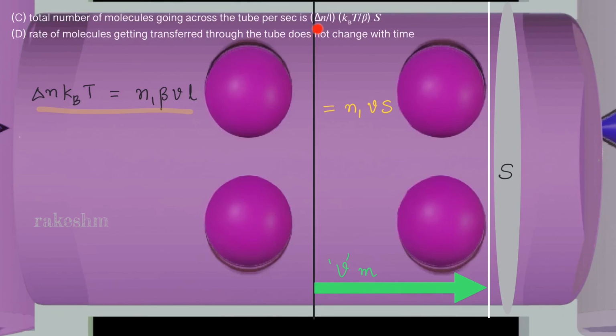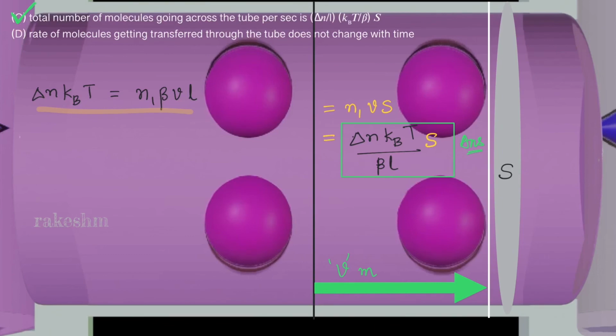The answer here is given in terms of delta N, Kb, T, beta and S. In option B, we had got delta N Kb T equals N1 beta V into L. So in this expression, we substitute the value of N1 from here, and we get delta N Kb T by beta L into S. We can see that this option matches with the answer that he has given. So option C is the correct option.